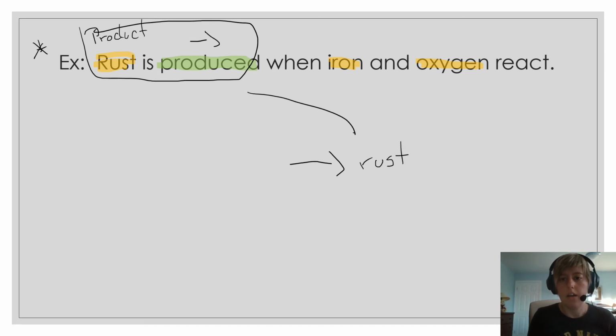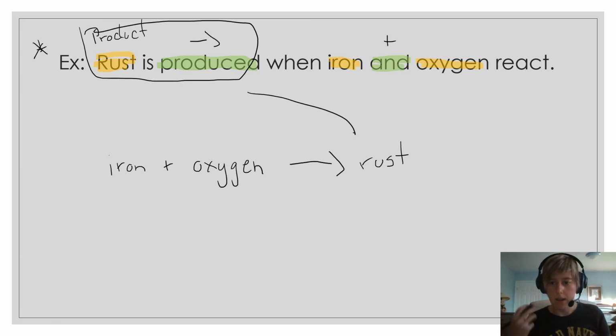When iron and oxygen react, so I see the word "and." So I'm highlighting it, and that denotes that I'm having a plus sign. So that means iron and oxygen come together. Iron plus oxygen.